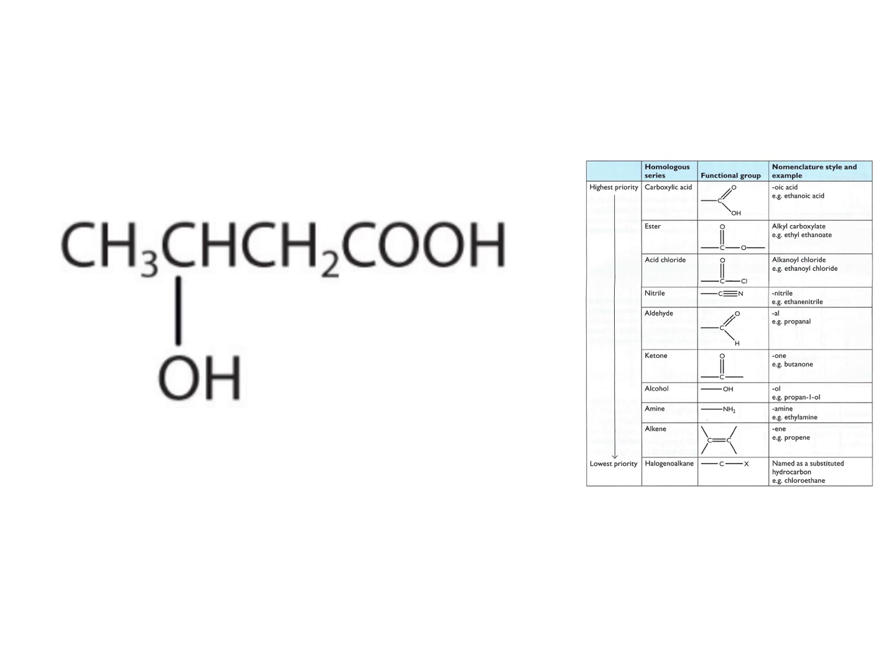The name goes to the beginning of the name, and it becomes 3-hydroxybutanoic acid. The reason why it's on the 3 position is because the acid carbon is always carbon number 1. So when you have an alcohol group and a higher priority group, the alcohol group becomes the hydroxy group.